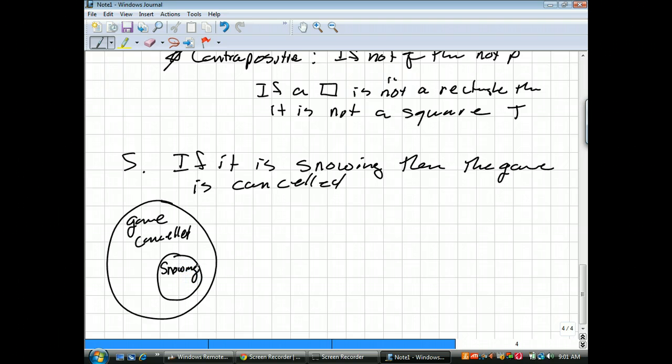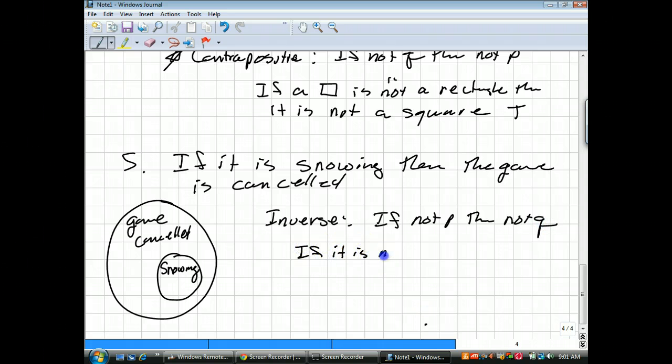Okay, so the inverse, remember, if not P, then not Q. So if it is not snowing, then the game is not canceled.